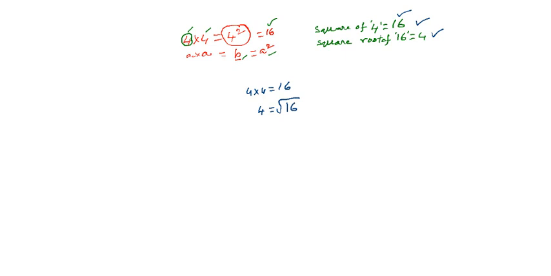What we say in the previous statement: 4 into 4 is equal to 16, here 4 is called the square root of 16. That is written like this: 4 is equal to root 16. That means 16 is again written as 4 into 4.